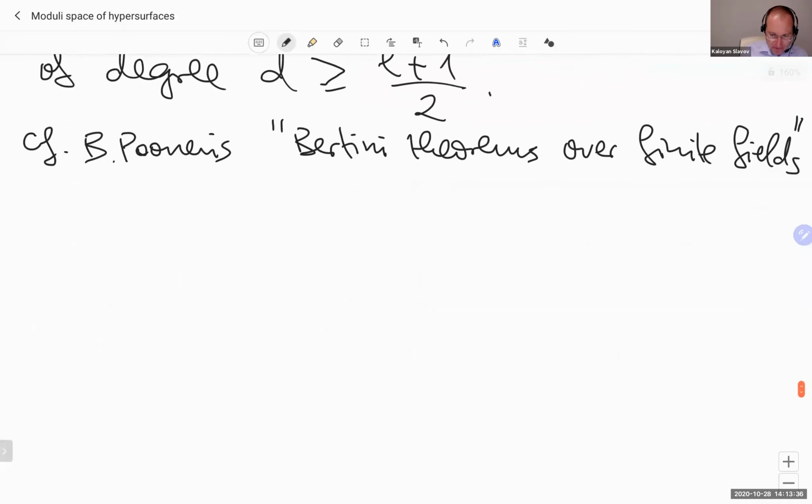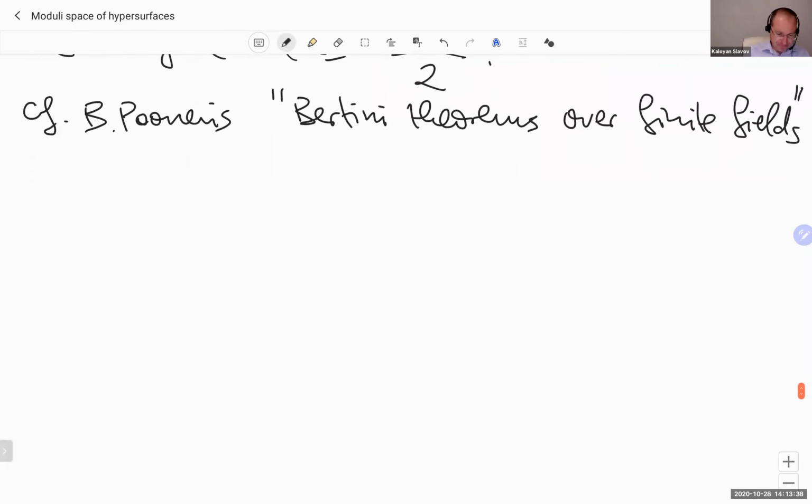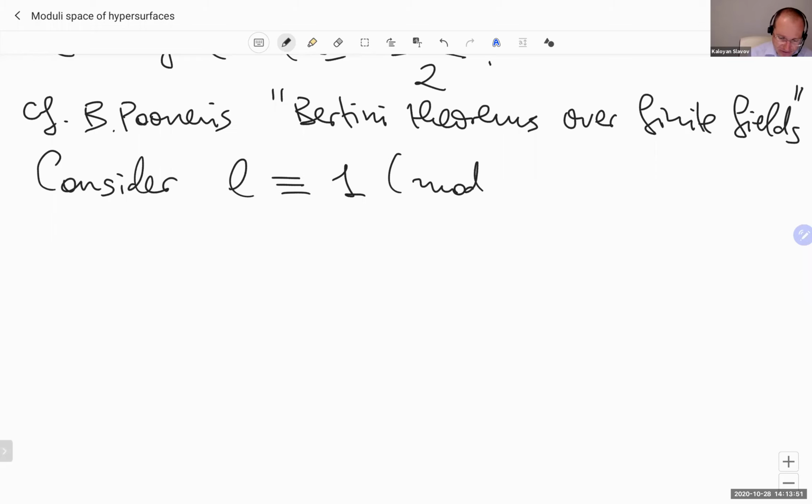Okay, so inspired from this, here's what we do. Again, for expository purposes, let's consider L. Remember, we're looking at hypersurfaces of degree L. Consider L congruent to 1 mod P. This will simplify some of the notation.